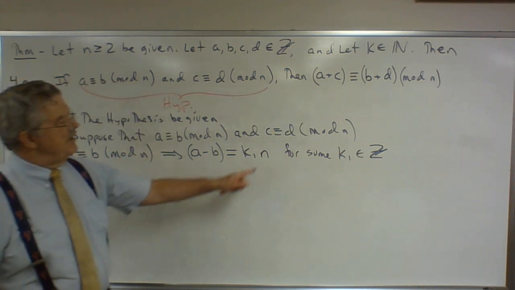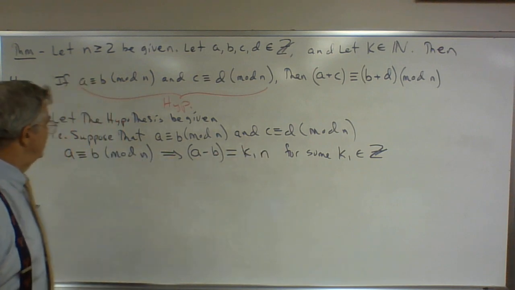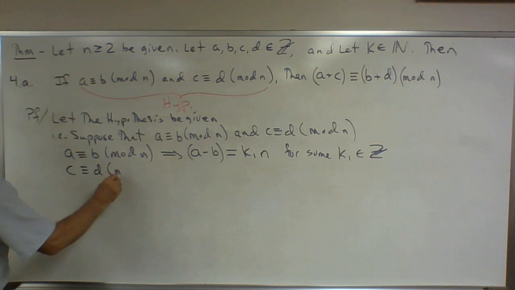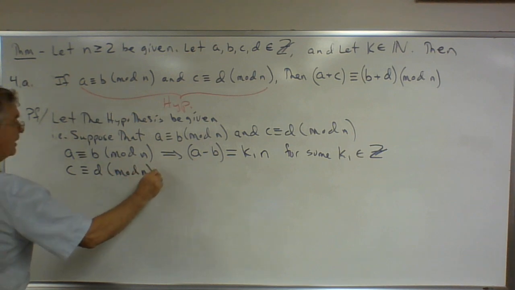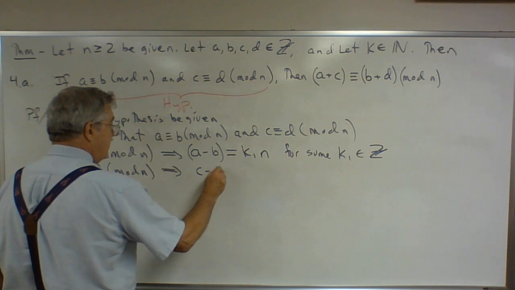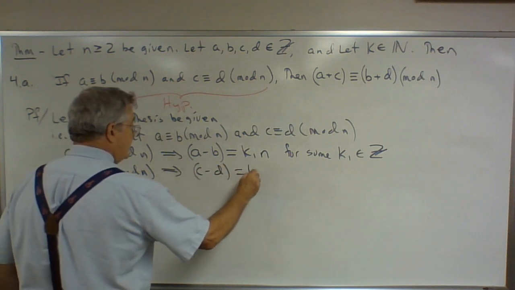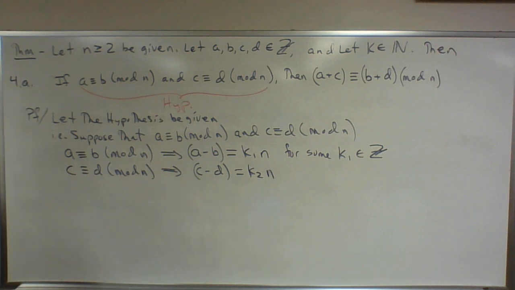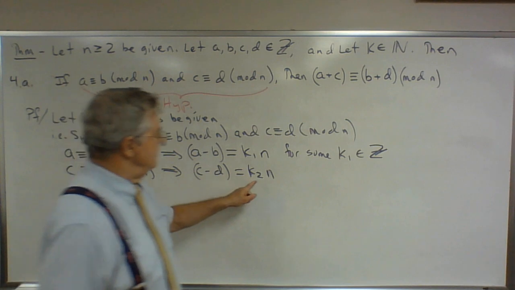Now I'll have to do the same thing with this part of the hypothesis. C congruent to D mod n tells us that the difference of these two things is a whole number multiple of n. So C minus D is equal to some integer, I'll call it K2 because I don't have much of an imagination, some integer K2 times n.